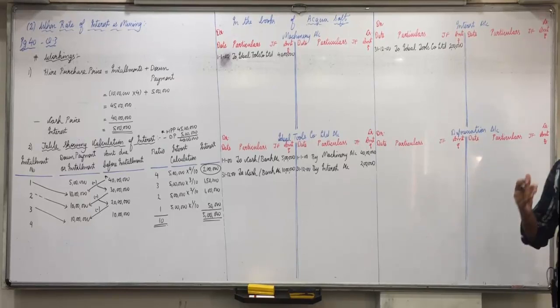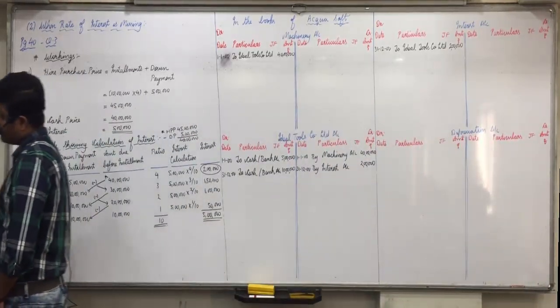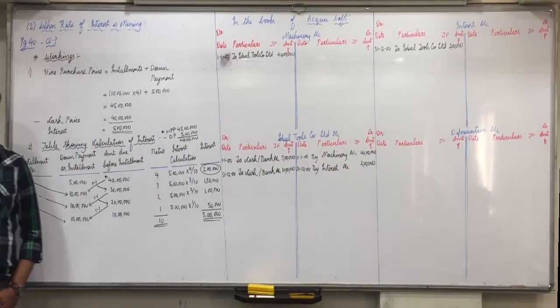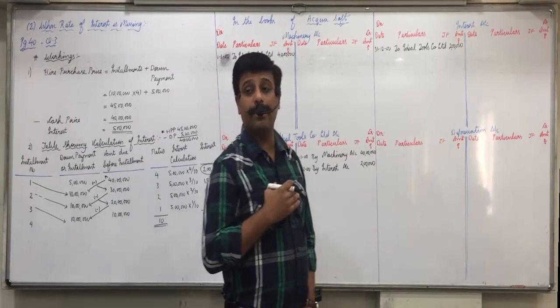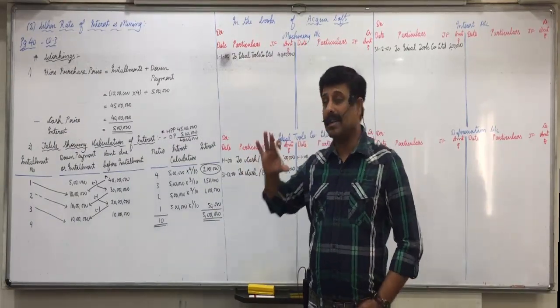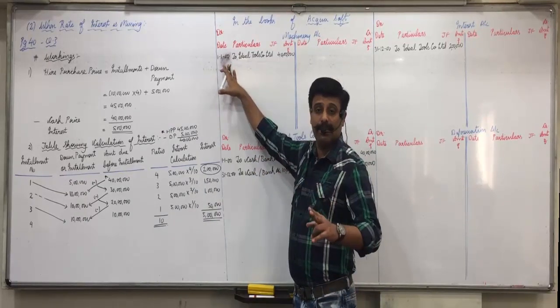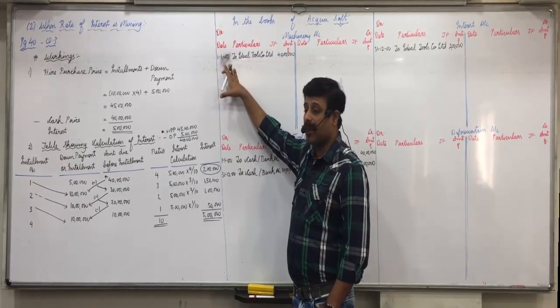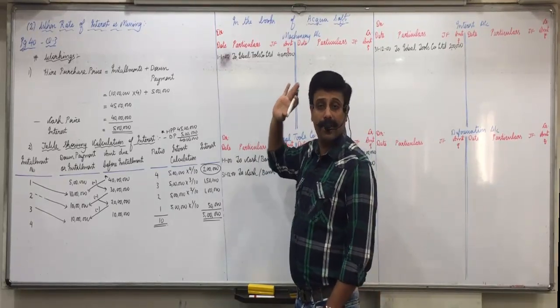Debit side to machinery and what amount? 4 lakhs. What is the rate of depreciation? 10%. And here we have purchased in the beginning of the year. Unlike yesterday, we counted for 6 months in the beginning. But here it's purchased in the beginning of the year, so January to December, you count for full year. Is everyone clear with this?